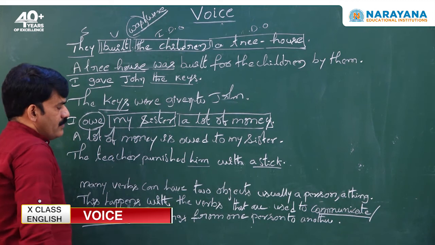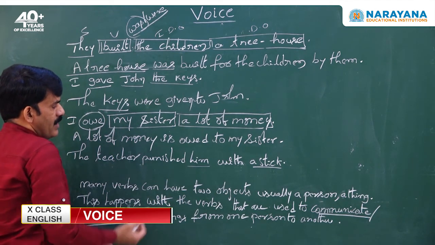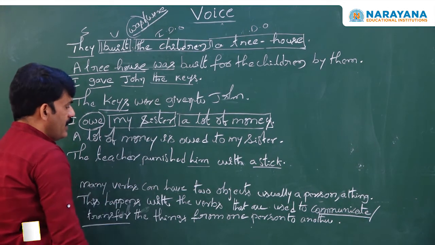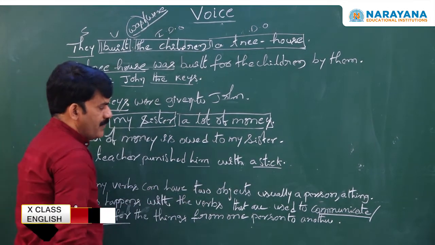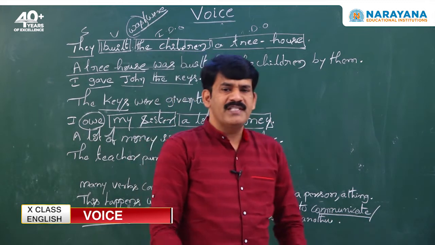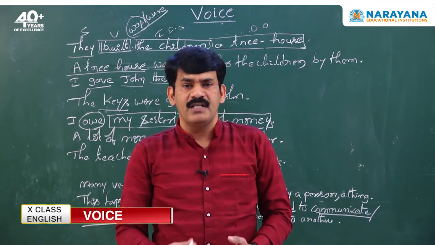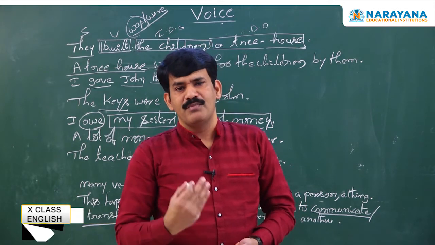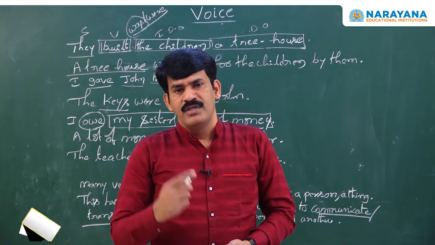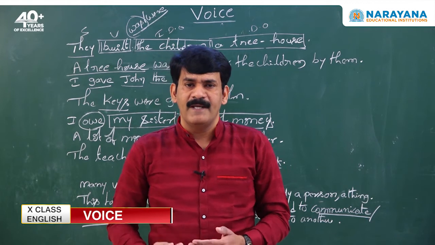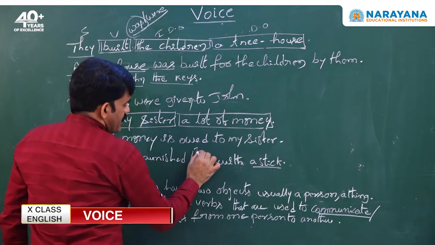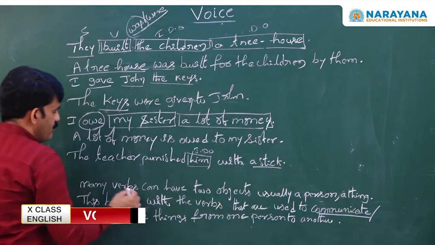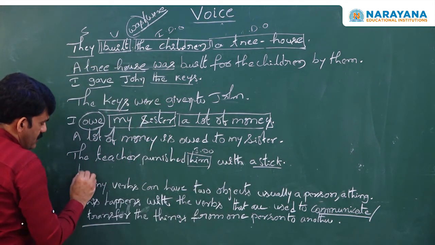Next sentence gives you a little clarity, and it's a little different from the other three sentences. The teacher punished him with a stick. Who is given importance here? Is it the stick or the sufferer? Sufferer is given importance here. Henceforth, you need to start passive voice only with the indirect object. What is the indirect object here? Him. Then you write the subject form of the indirect object.